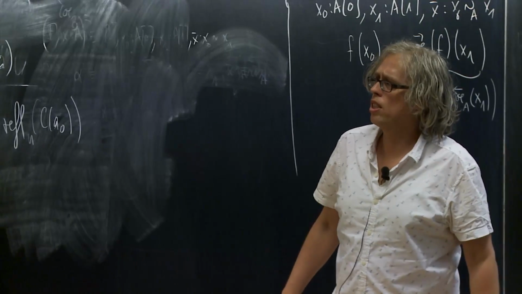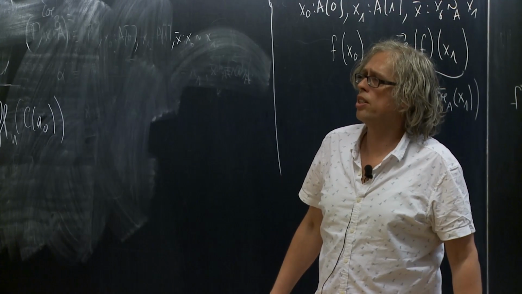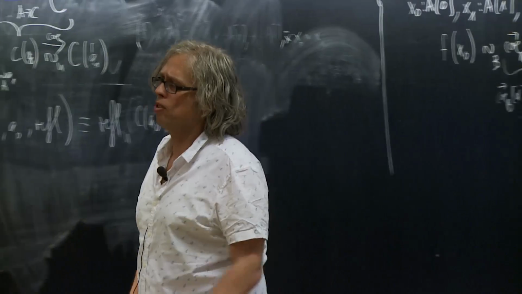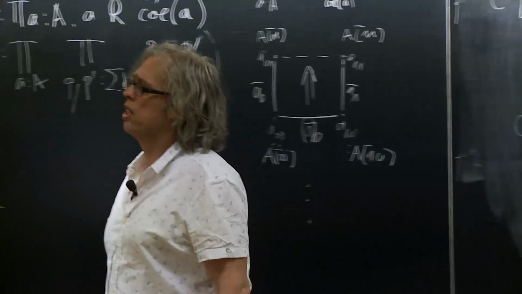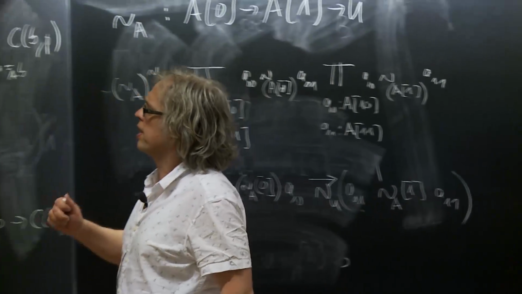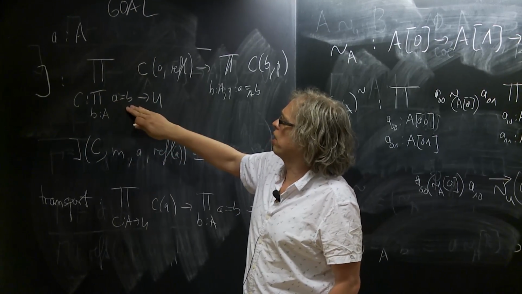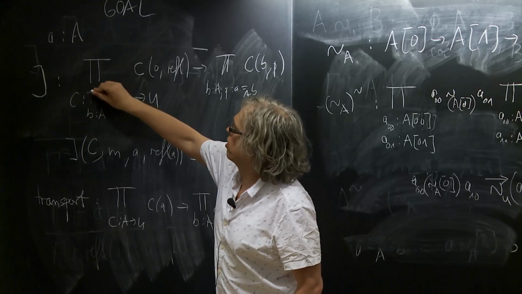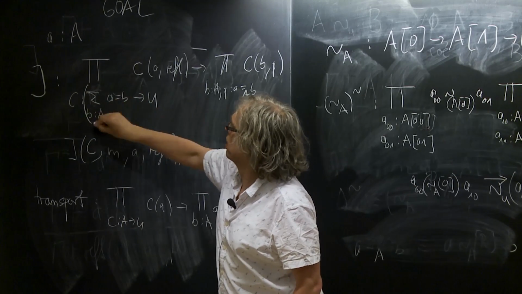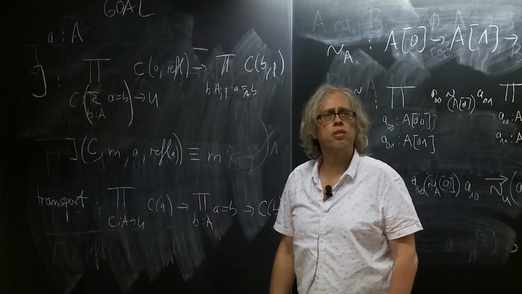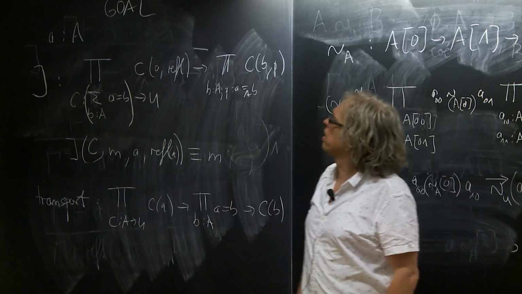So what else do we need to get J? If you compare transport to J, you see that if I change this a bit, this is a function with two arguments. I can also turn it into a sigma, a function with one argument, right?